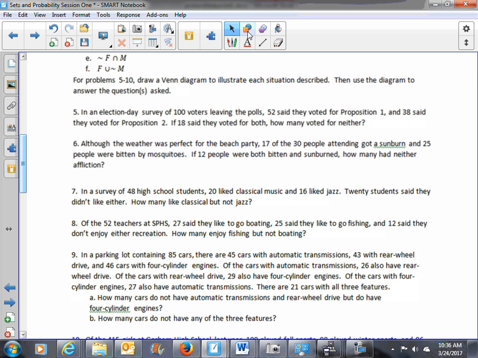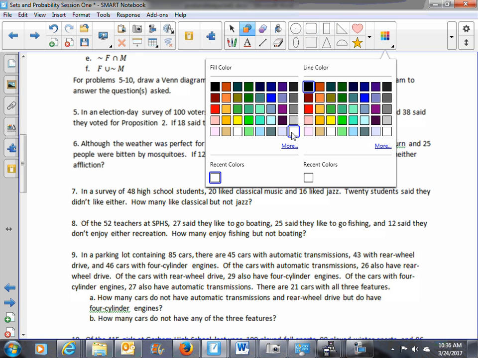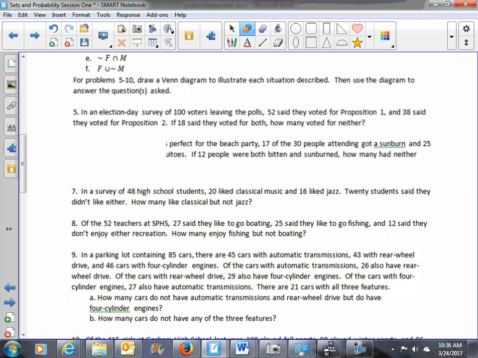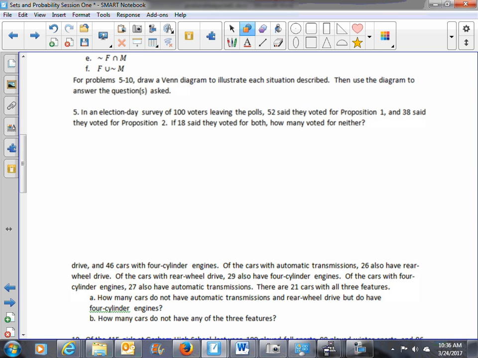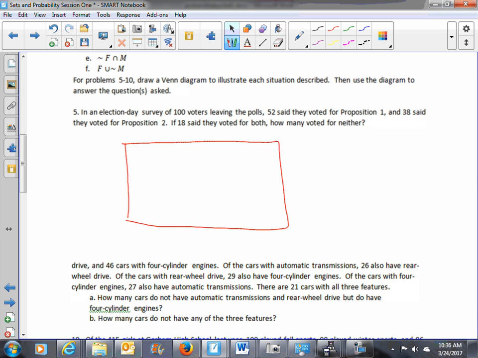All right, well, let's do this. Let's just come up with a little rectangle here that we can use to cover up some things so we've got some room to write. All right, now we have as our universal set the 100 voters that were surveyed.